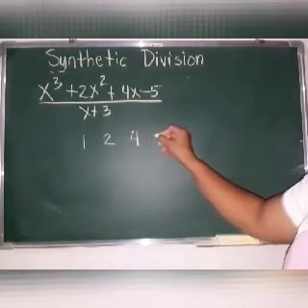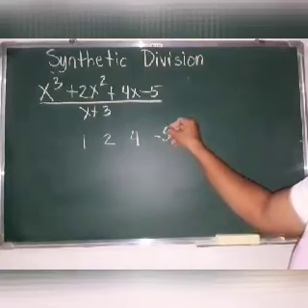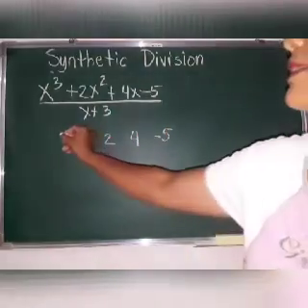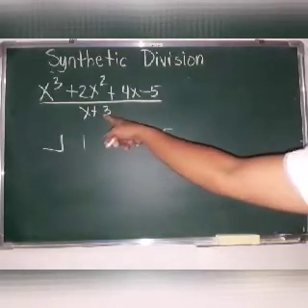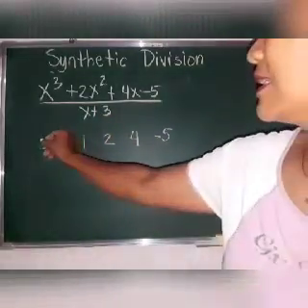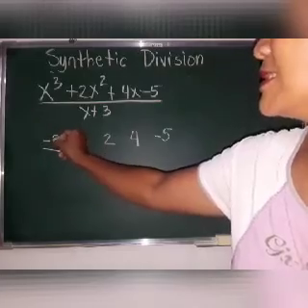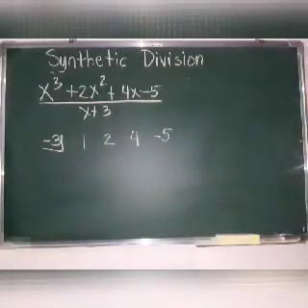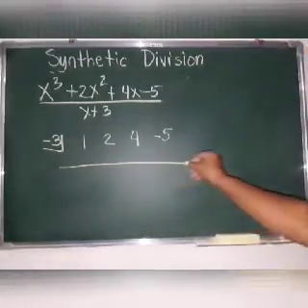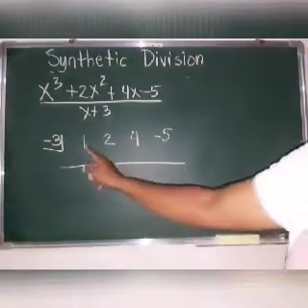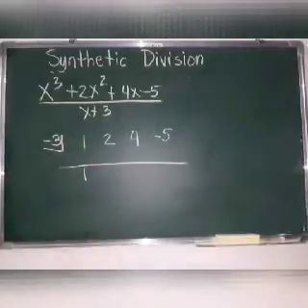And negative 5. Next, gawa ng box on the left. Ang divisor natin is positive 3, kaya ang ating ilalagay dito ay opposite sign niya, negative 3. Next step, make a line and then bring down the first number.